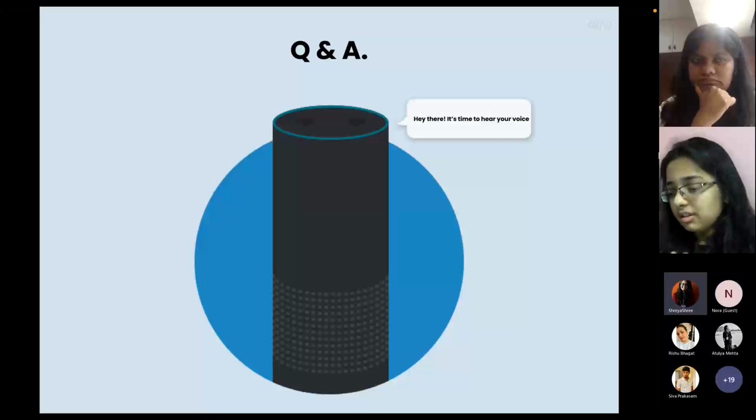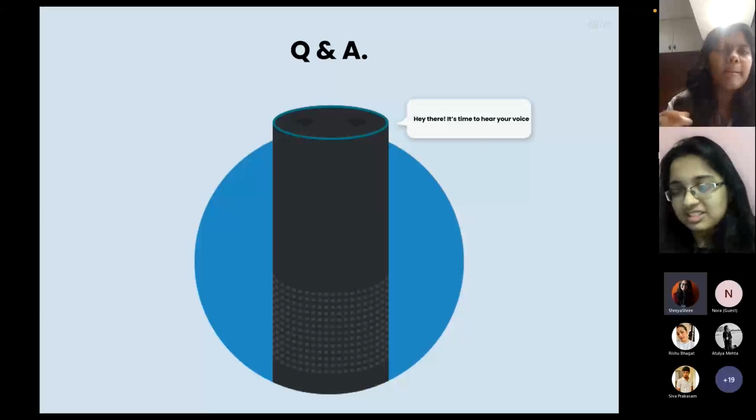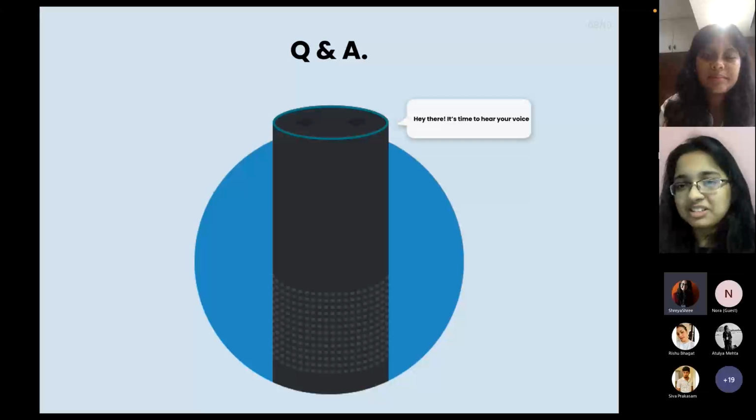I think this would be an amazing way to make use of voice interactions in augmented reality. That is something we all would probably look forward to.